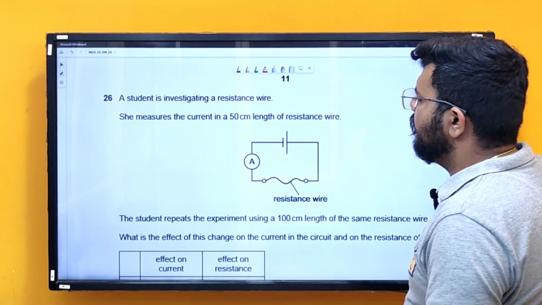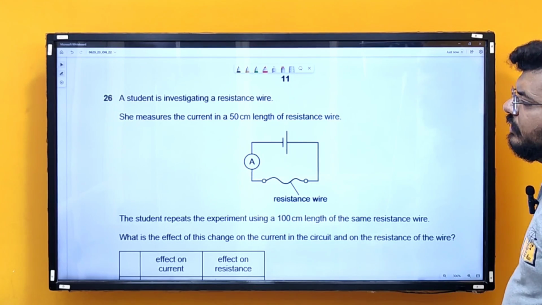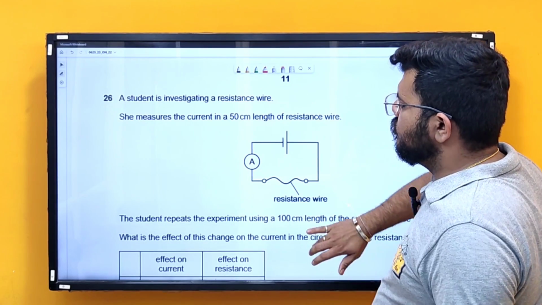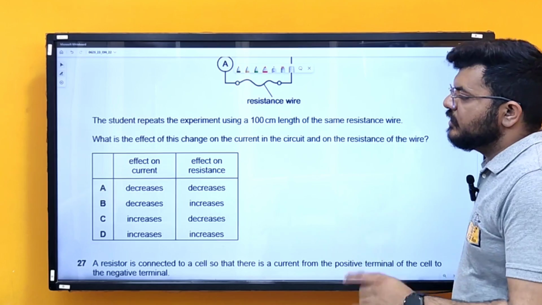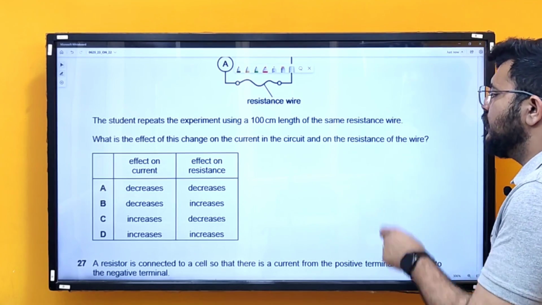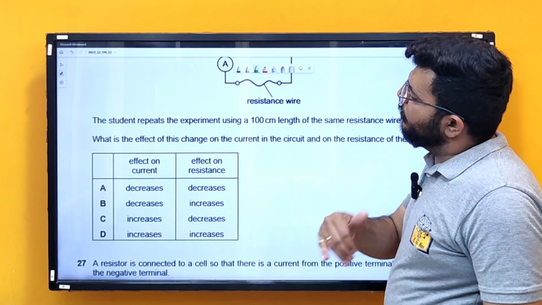Then we have question number 26. A student is investigating a resistance wire. She measures the current in a 50 centimeter length of resistance wire. The student repeats the experiment using a 100 centimeter length of the same resistance wire. What is the effect of this change on the current in the circuit and on the resistance of the wire? So current in the circuit, let's comment on it afterwards.